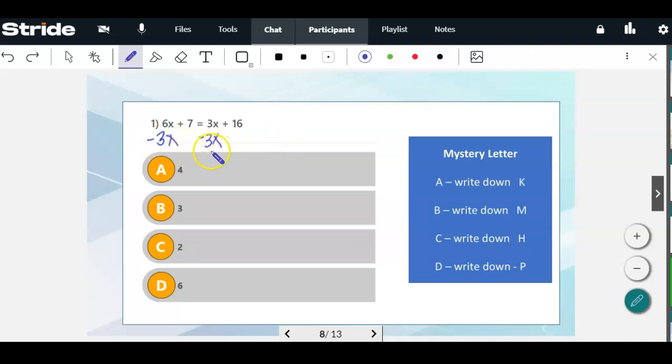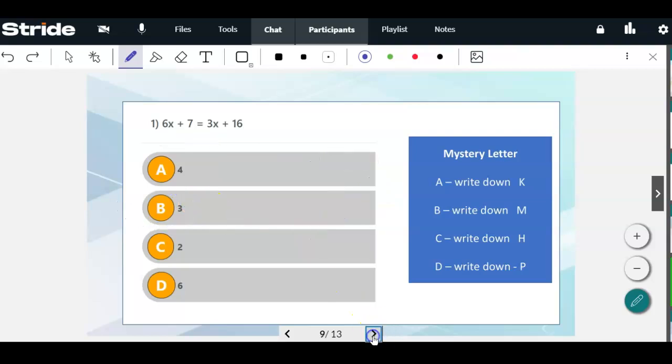I'm left with 3x plus 7 is equal to 16. Then I'm going to subtract 7 from both sides. Then I get 3x is equal to 9, so x is 3 because you divide by 3 on both sides.